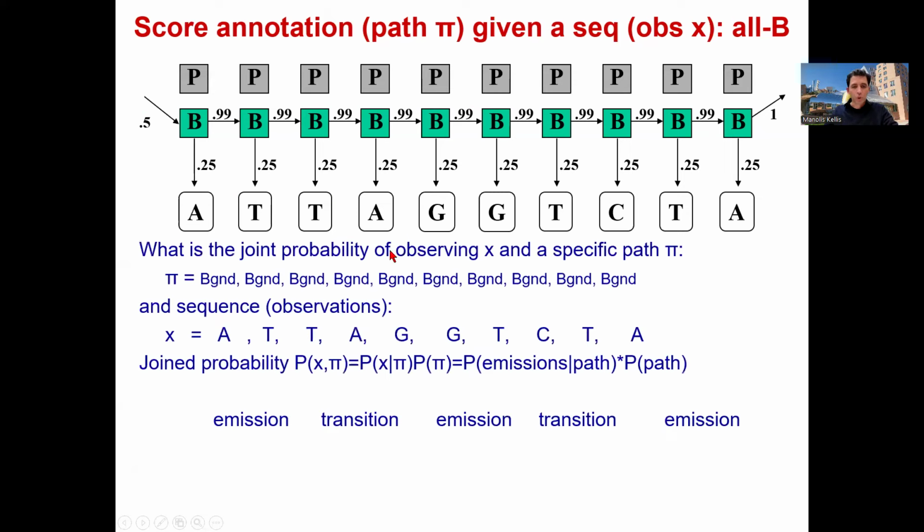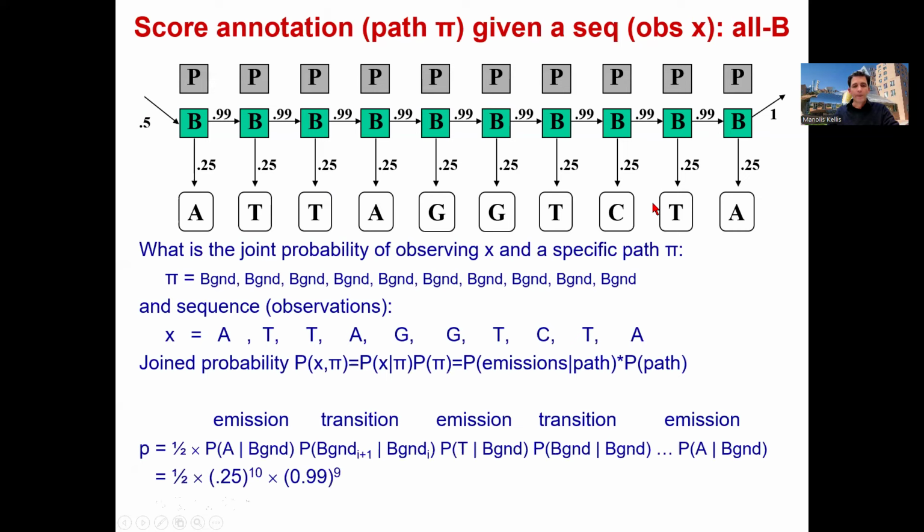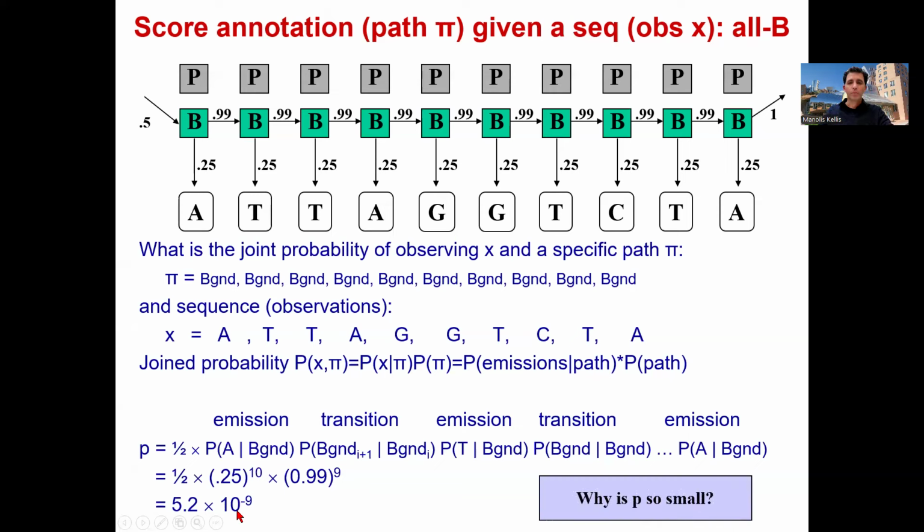So that's the joint probability of observing this sequence and all background. And that is 0.25 to the 10th, because that's the emission probability of each of the characters, and then 0.99 to the 9th, which is astronomically small, 10 to the minus 9. Very, very small. Why is it so small?